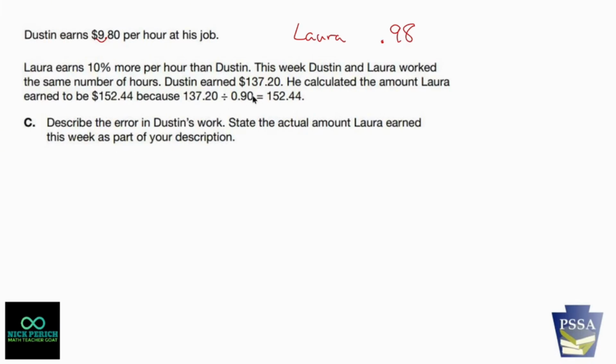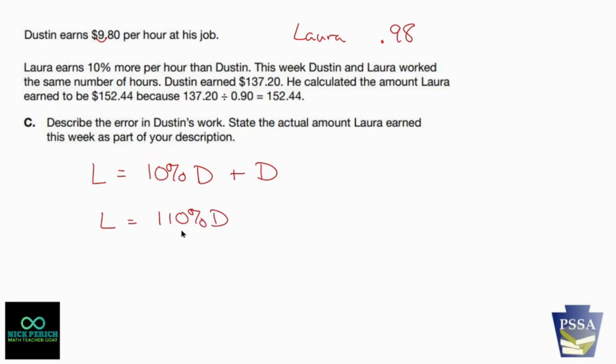All right, so dividing by 90, why is that wrong? Well, this is what they should have done. Laura, we'll put L for Laura, is supposed to be 10% of Dustin's plus Dustin's. Now, what that means is Laura is 10% plus a whole of Dustin's, meaning that Laura is 110% of Dustin's.